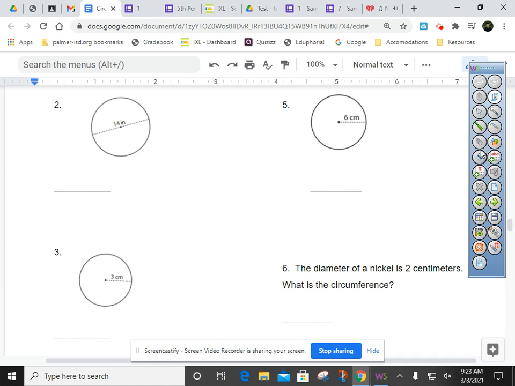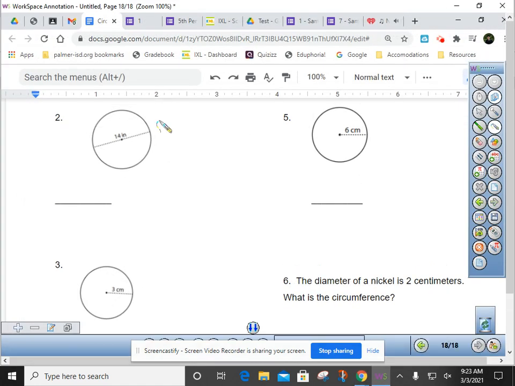Number 2. What do they give you? The diameter. C equals pi d. Write it down. What are we using for pi? 3. What's the diameter? 14.